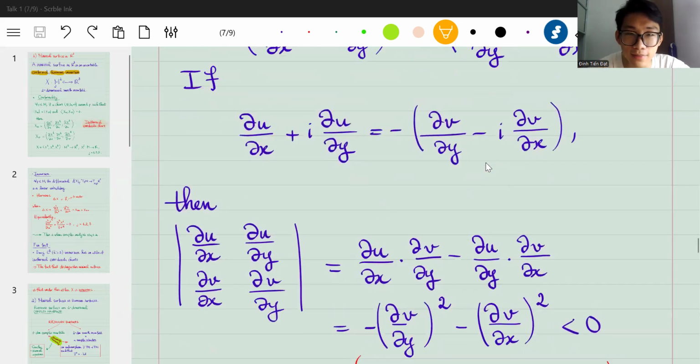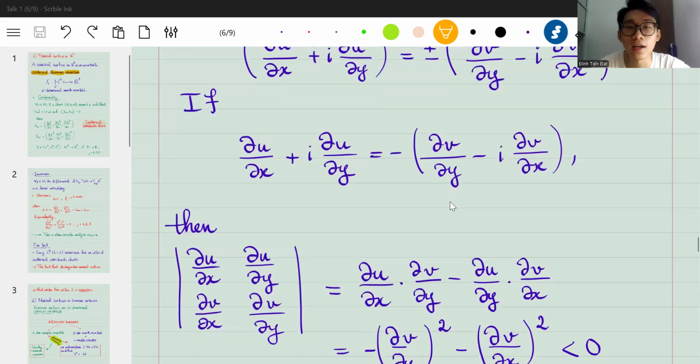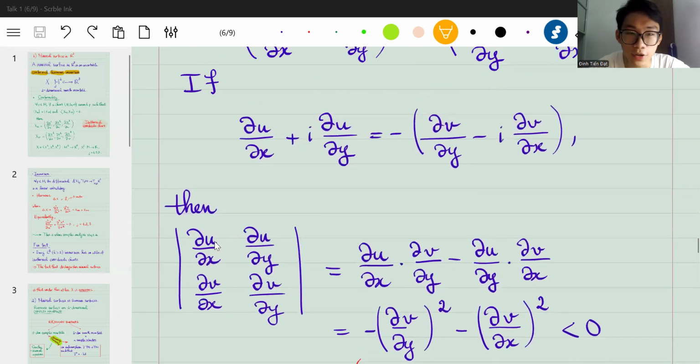Okay, so suppose, for contradiction, that there is a minus sign there, and I'm going to compute the Jacobian matrix, which is the matrix of the coordinate transformation.